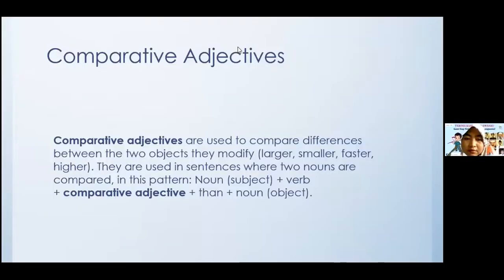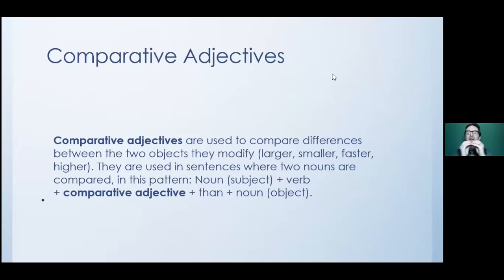So this is where we compare. Comparative adjectives are used to compare differences, how things are different. We spoke about the girls being tall and taller. So between two objects, they modify nouns. Large, small, fast, or high. I'll go back onto the whiteboard now. They are used where two nouns, me, my brother, Jakarta, London, any two nouns, are compared.